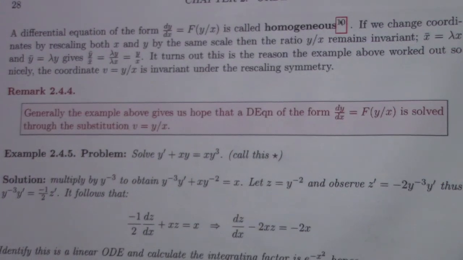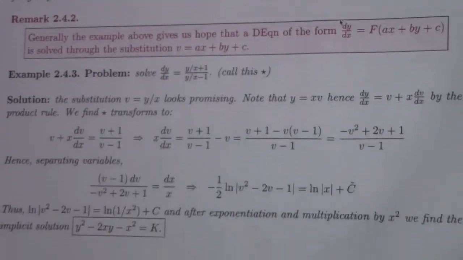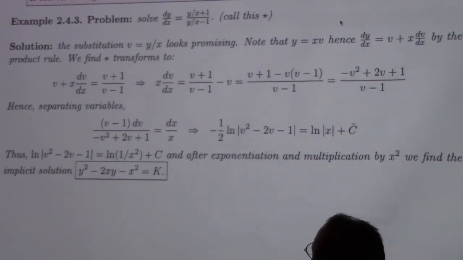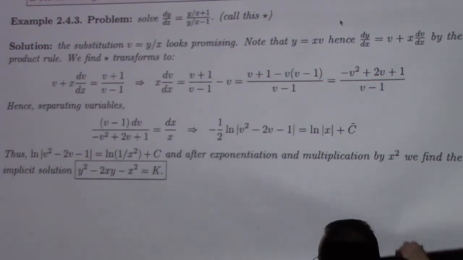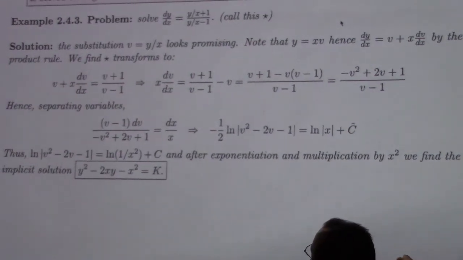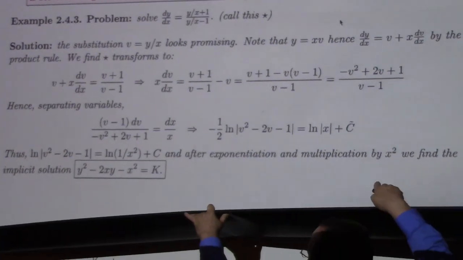Which one did I say it was? 2.43, was it? Let's see here. What did I do different? I made some stupid sign error somewhere. So this was, when I solved for dy/dx, v plus x dv/dx, I got that the same. 1 plus v over v, oh, right there.